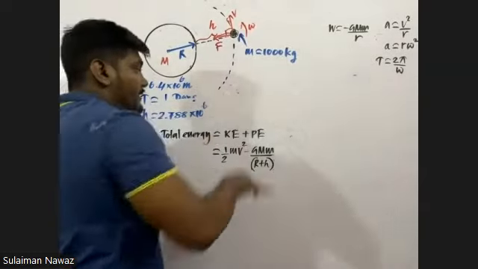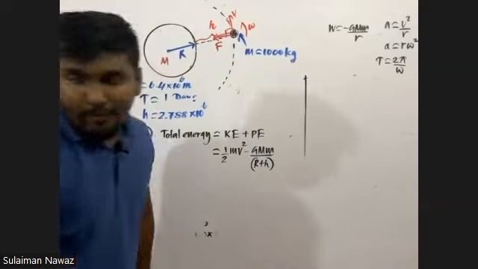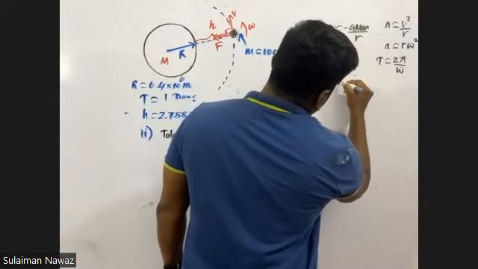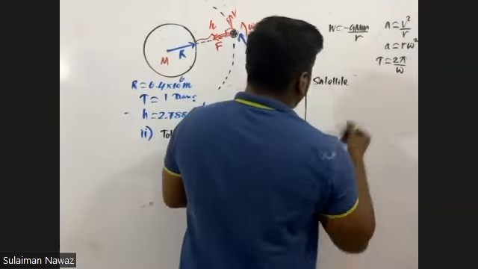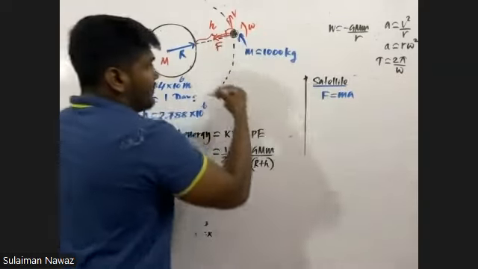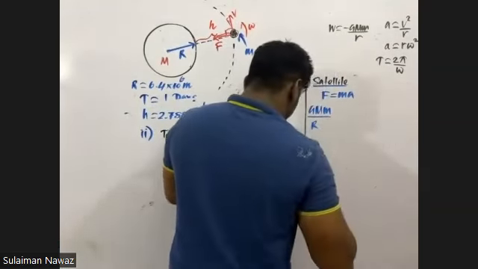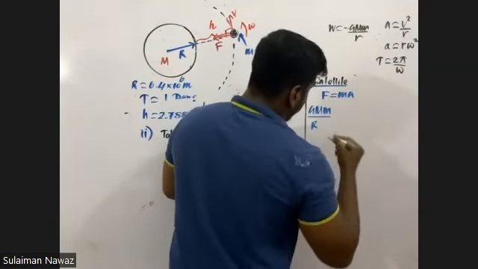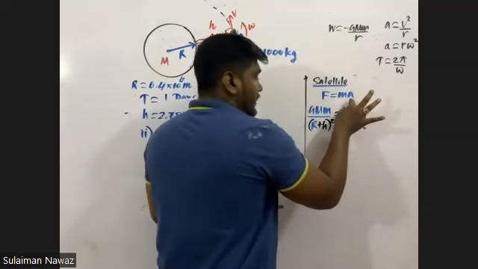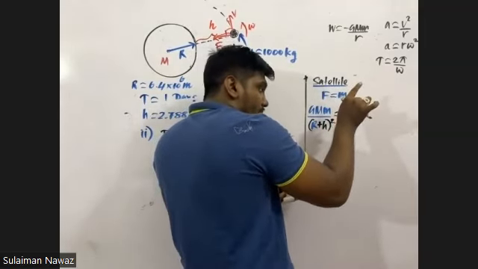So when you apply F equals ma, gravitational force G capital M small m over (R plus H) squared equals small m times the centripetal acceleration. In Roman number 1, we wrote centripetal acceleration in terms of R omega squared.